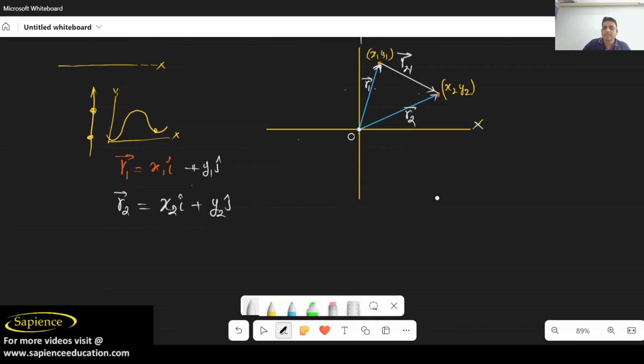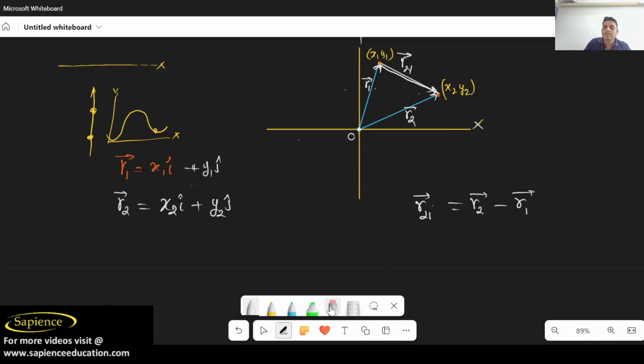So can I write here the displacement is R21? See, this is the displacement, right? So R21 can be written as R2 minus R1. You can ask me why I should write like this.